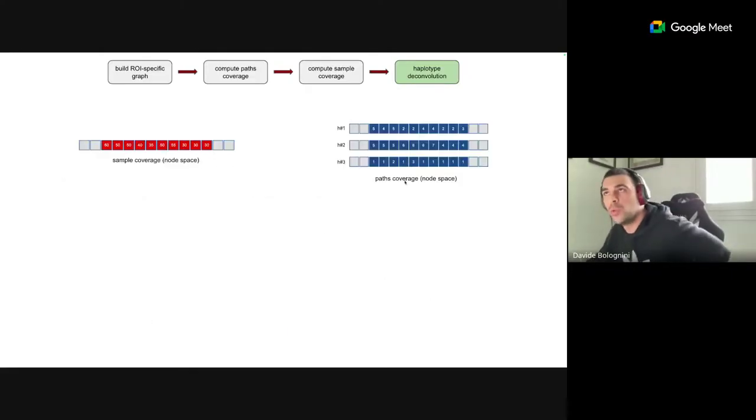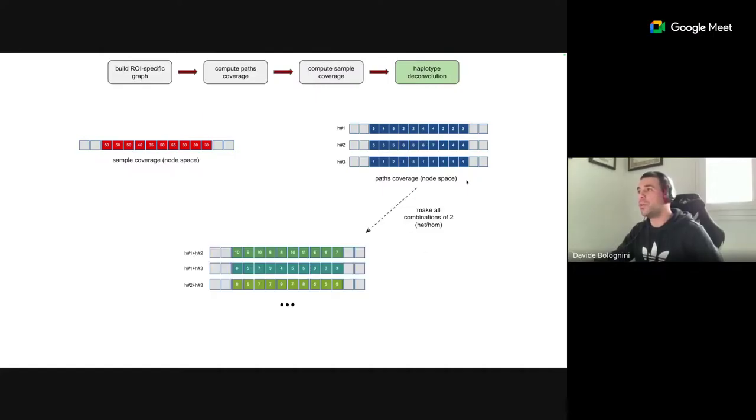And in practice, what we do is schematized as follows. We have the sample coverage and we have the path coverage vectors. As highlighted in the previous slides, we generate all the combinations of path coverage vectors of two. This includes, of course, heterozygous and homozygous combinations. So you will have, for these three, H1 plus H2, H1 plus H3, H2 plus H3, but also H1 plus H1, H2 plus H2, and so on and so forth.